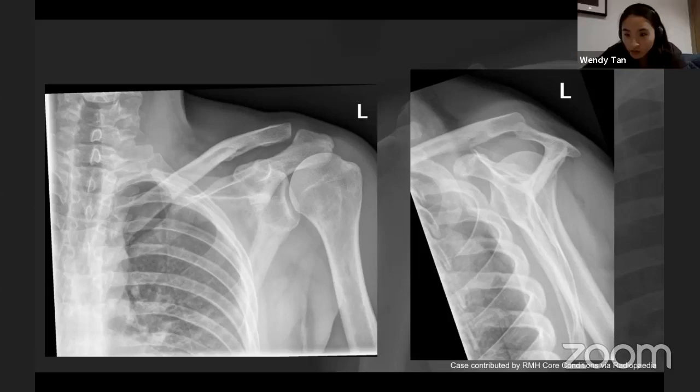Someone said sternoclavicular dislocation. Some more clavicular fractures coming in. It's the last one, so it's always going to be a bit trickier, but important nonetheless.